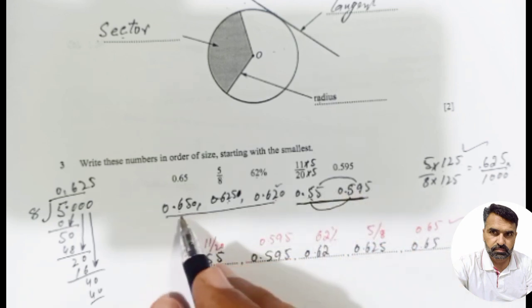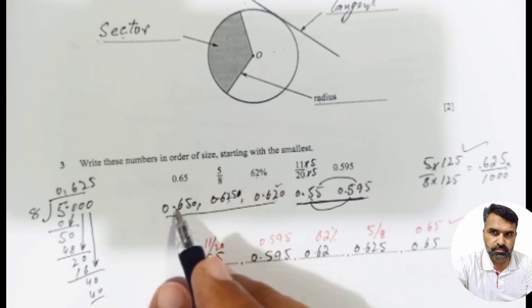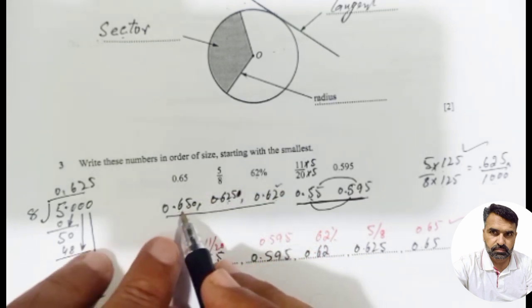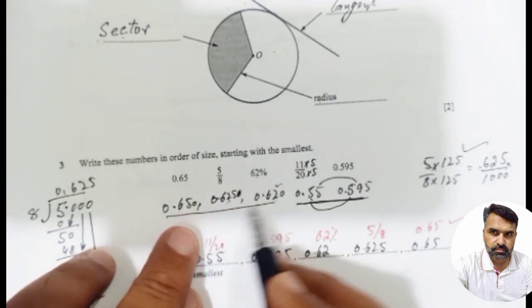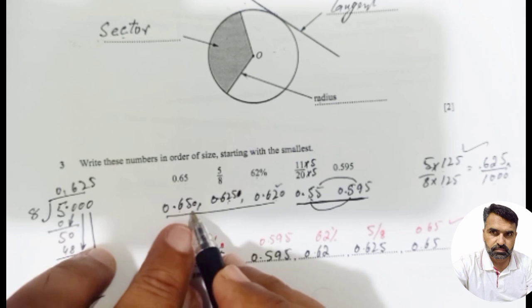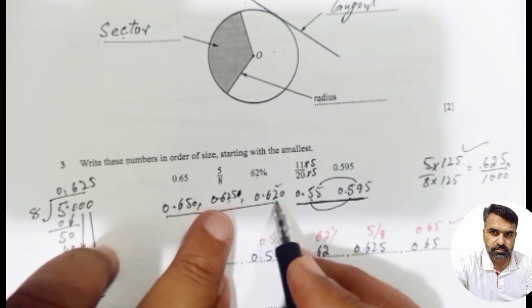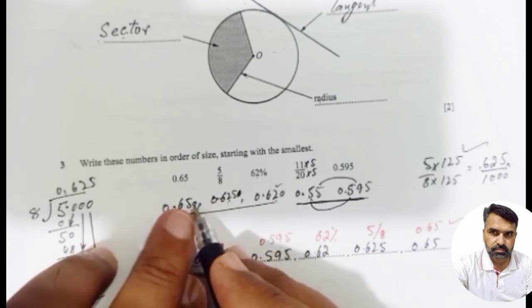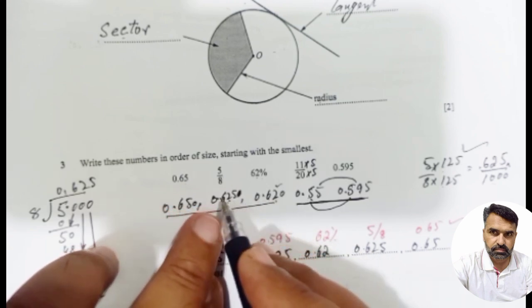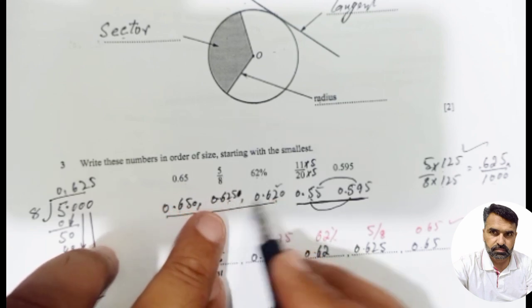Now students, we have to consider these three numbers and find which one is the smaller number. The first digit of all these three numbers is the same, so we will look at the second digit. It is 5, it is 2 and it is 2. So 5 is greater than 2 and 2, and now we will look at these two numbers.